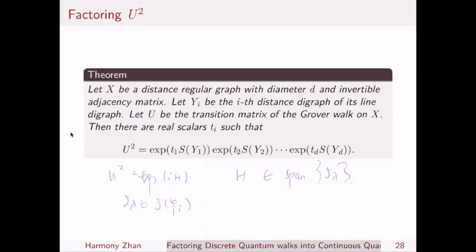And the important thing here is not that we are able to factor U squared, but we can factor it into commuting continuous quantum walks. So if I raise the left-hand side to any integer power, then on the right-hand side, I simply add K to each exponent.